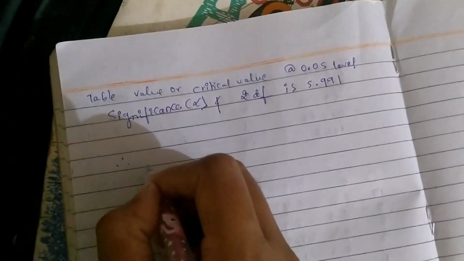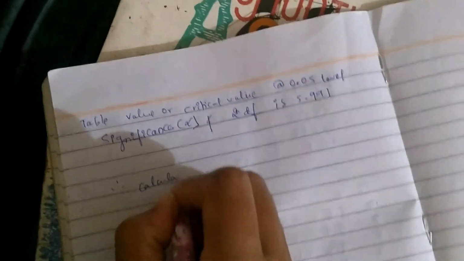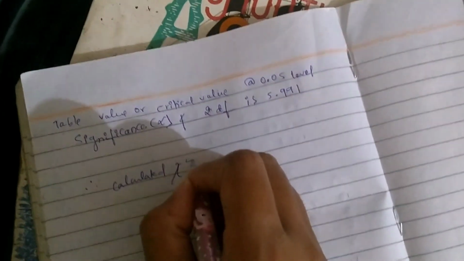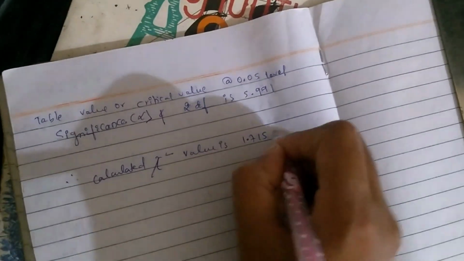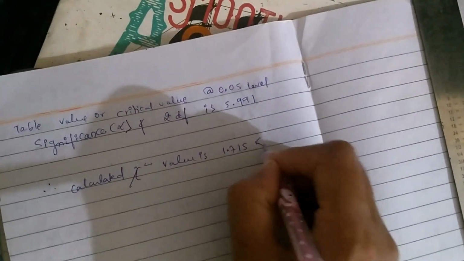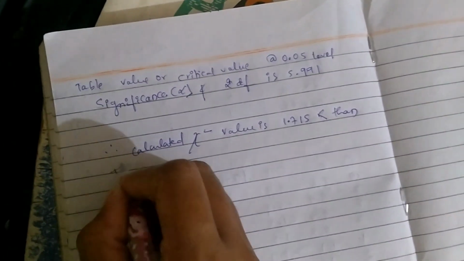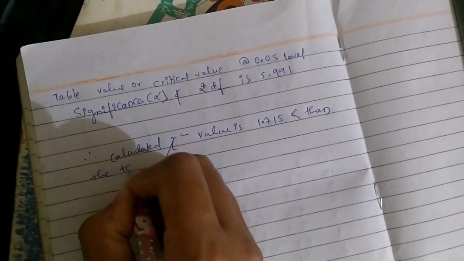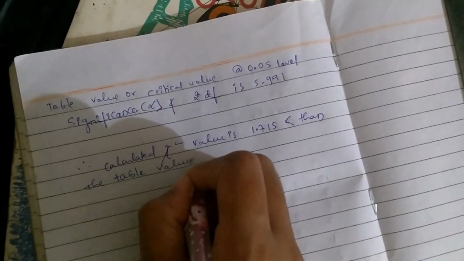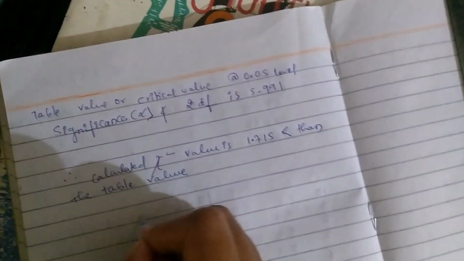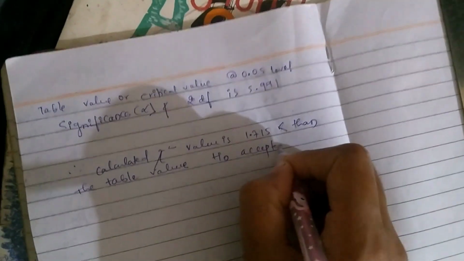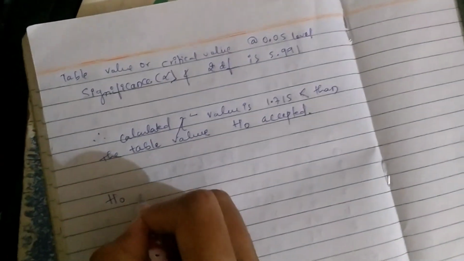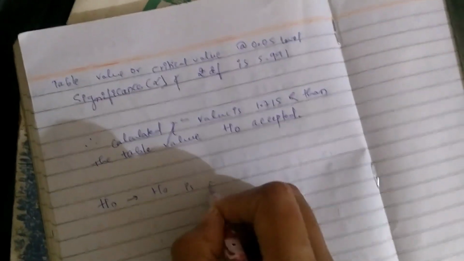The calculated chi-square value is 1.715, which is less than the table value or critical value. So our H0, which is the null hypothesis, is going to be accepted. So we have to frame the null hypothesis. H0 is accepted.